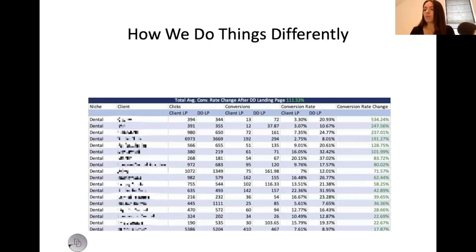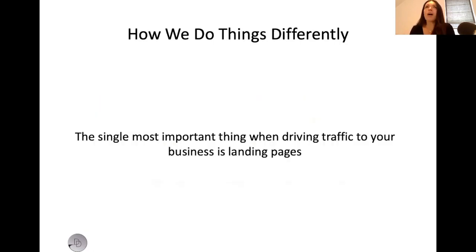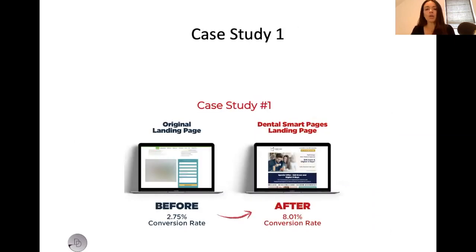So this is the improvement in conversion rate from the client's landing page or website when compared to using one of our smart dental landing pages. So which is why we believe that the single most important thing when driving traffic to your business is landing pages. So I'm going to show you just a couple of case studies just to show you these examples.